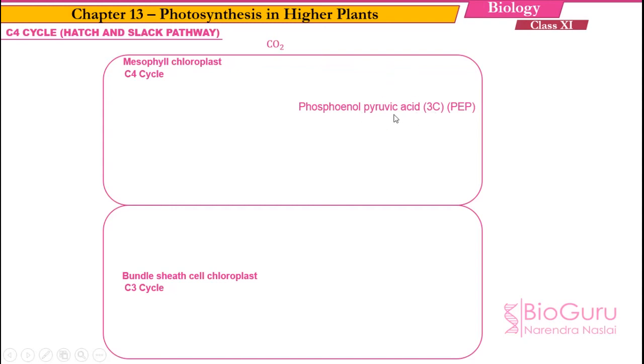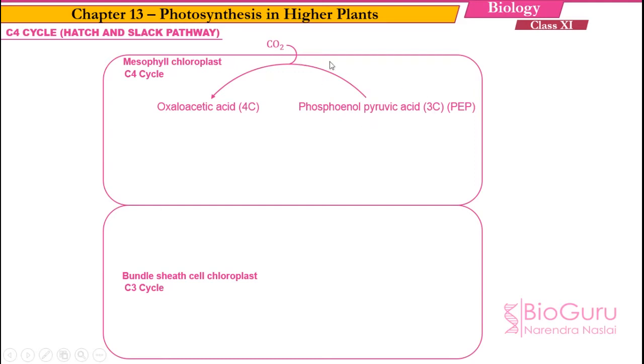So this is going to combine with carbon dioxide in order to form a C4 acid, a compound with 4 carbons, that is oxaloacetic acid. After carboxylation, the addition of carbon dioxide, who is going to combine with the carbon dioxide? Phosphoenol pyruvic acid, which is a 3-carbon compound.